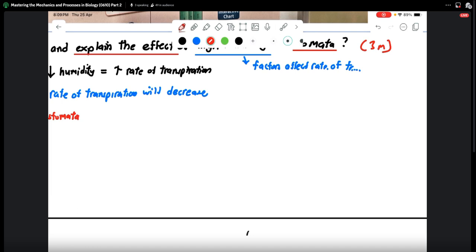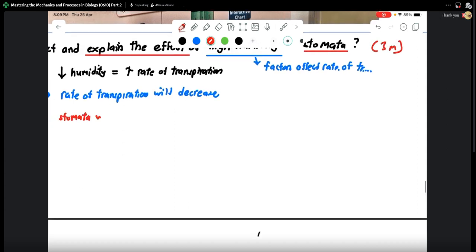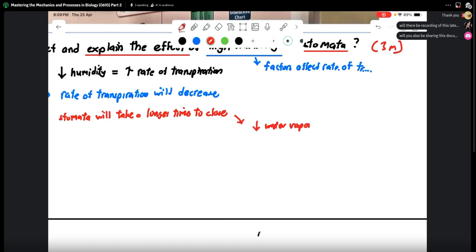So to answer this question, the stomata will take a longer time to close. So when they take a longer time to close, meaning there will be lesser water vapor diffusing out of the stomata.